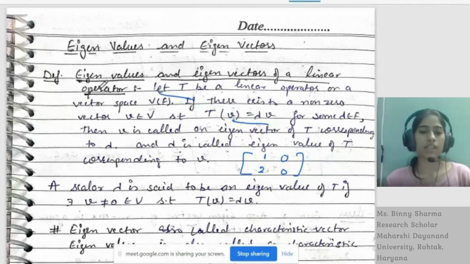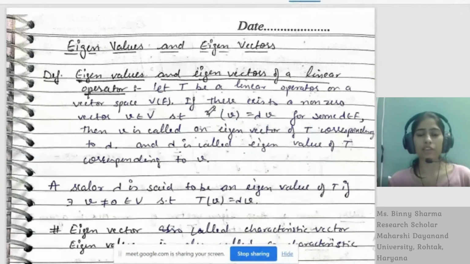The first is eigenvalues and eigenvectors of a linear operator. Let T be a linear operator on a vector space V over F. If there exists a non-zero vector v belonging to V such that Tv equals lambda v for some lambda belonging to F, then v is called an eigenvector of T corresponding to lambda, and lambda is called an eigenvalue of T corresponding to v.